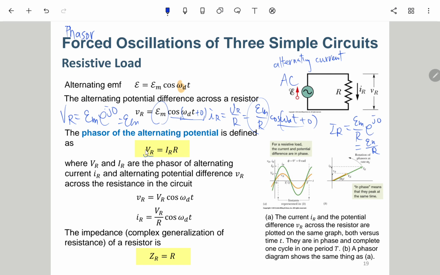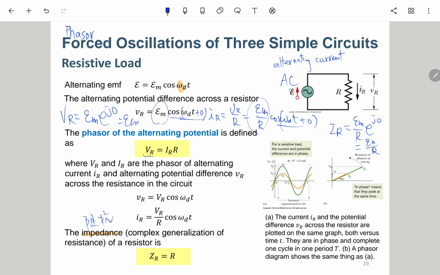They are in phase, so this looks no different from ordinary Ohm's law. Okay, and here we will also define this as the impedance. Impedance in Chinese is called 阻抗.